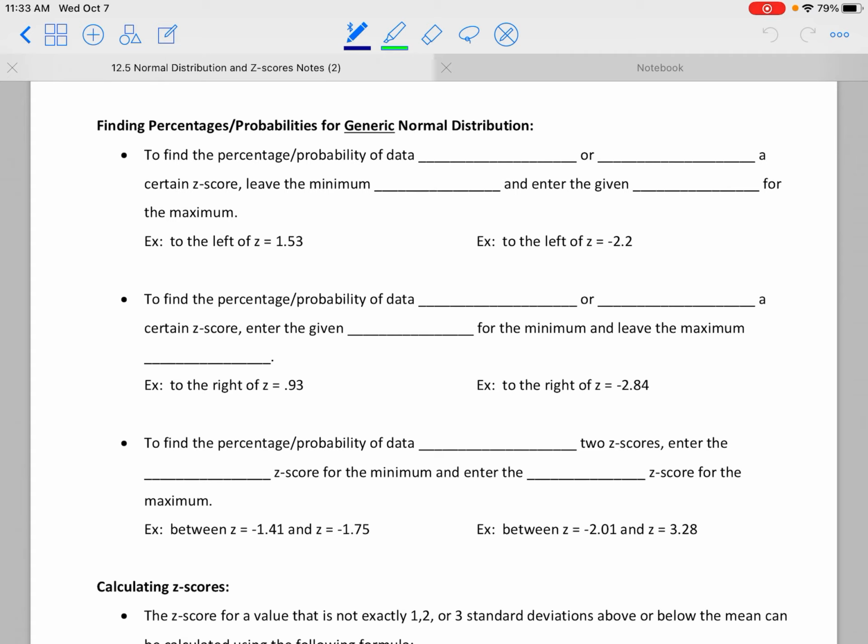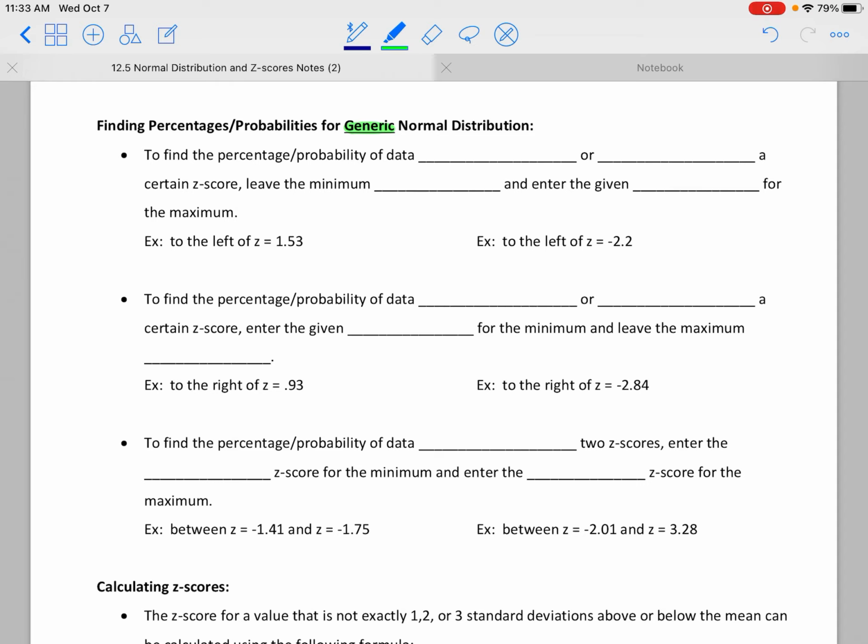Now, if we're going to look at some generic normal distributions, that means we don't have a specific set of data in mind. There's no exact mean or standard deviation. This would just be generically, in any normal distribution, what percentage of data is left of, right of, or between any z-scores.